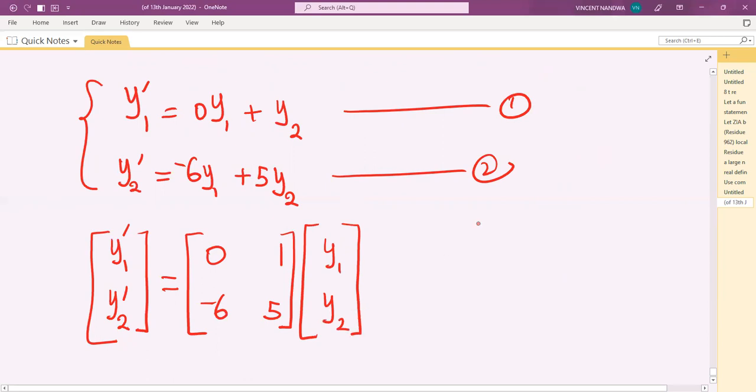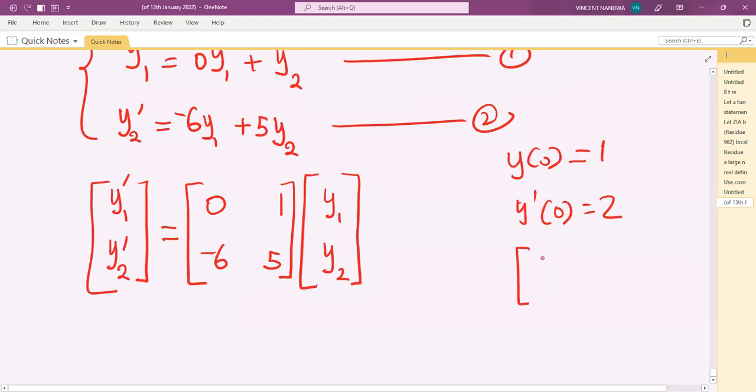Now, because we were told that y at 0 is given by 1 and y prime at 0 is given by 2, then we can write these initial conditions also as y1 and y1 prime at 0 is given by the vector 1, 2, since y and y1 are the same things.